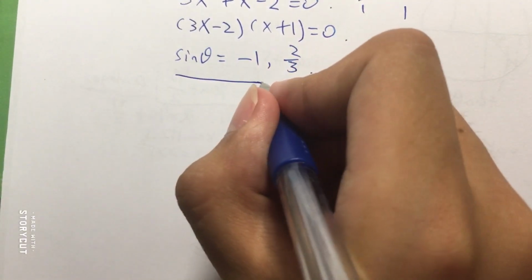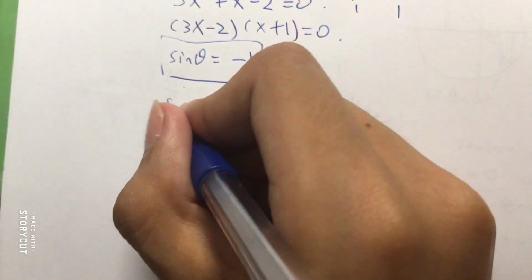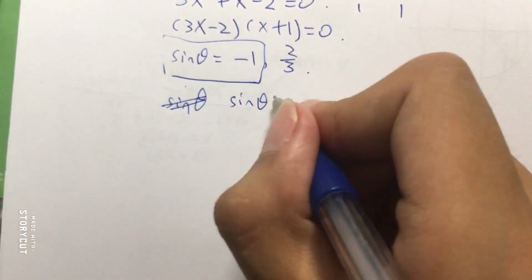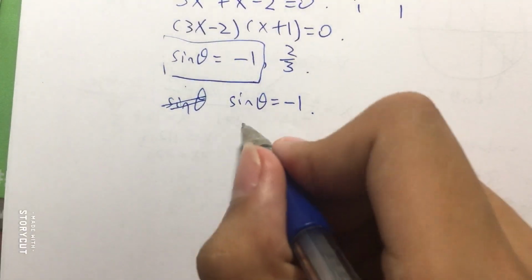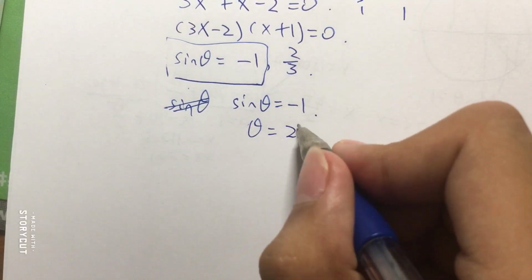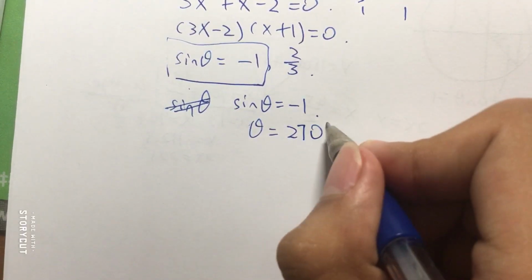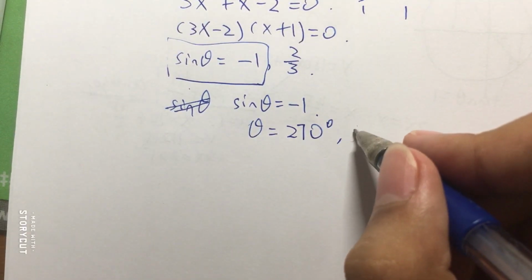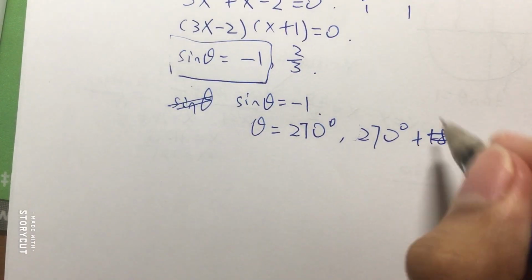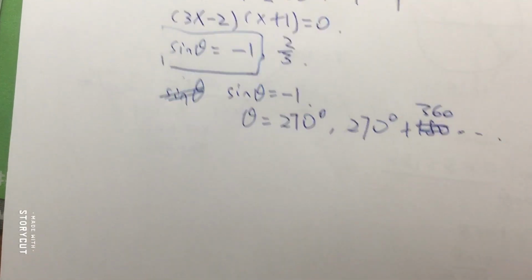However, here you will find that if sine theta is equal to -1, then theta will be equal to something like 270 degrees, and 270 plus 360 and so on.